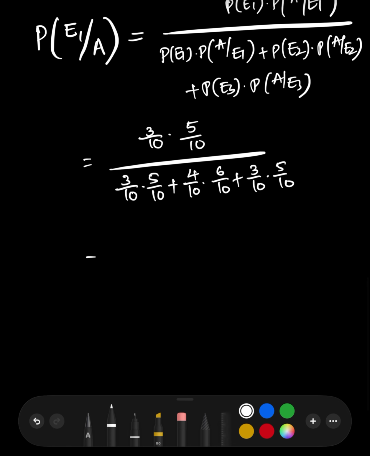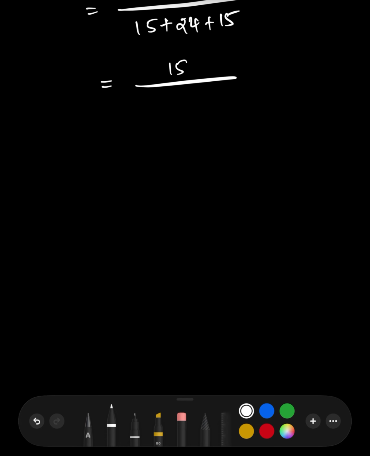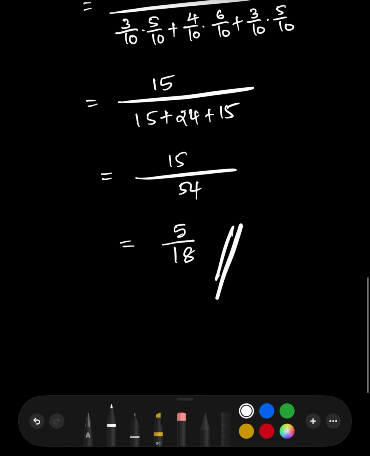So the LCM in the denominator is 100. The numerator will be 15, and the denominator is 15 plus 24 plus 15, which is 54. So 3 fives are 15, 3 eighteens are 54, and the probability is 5 by 18. Thank you.